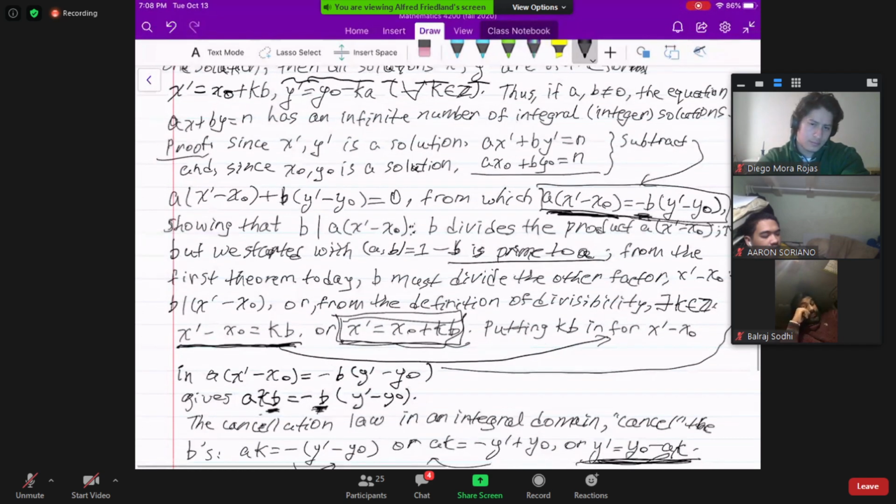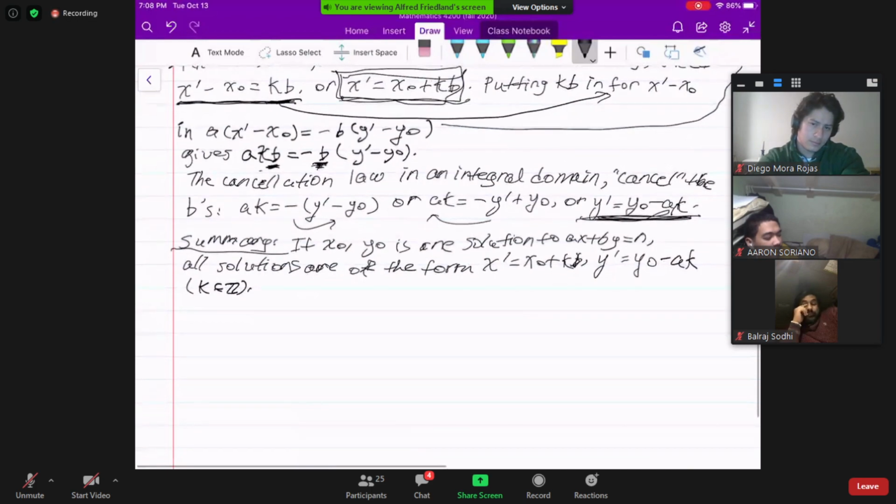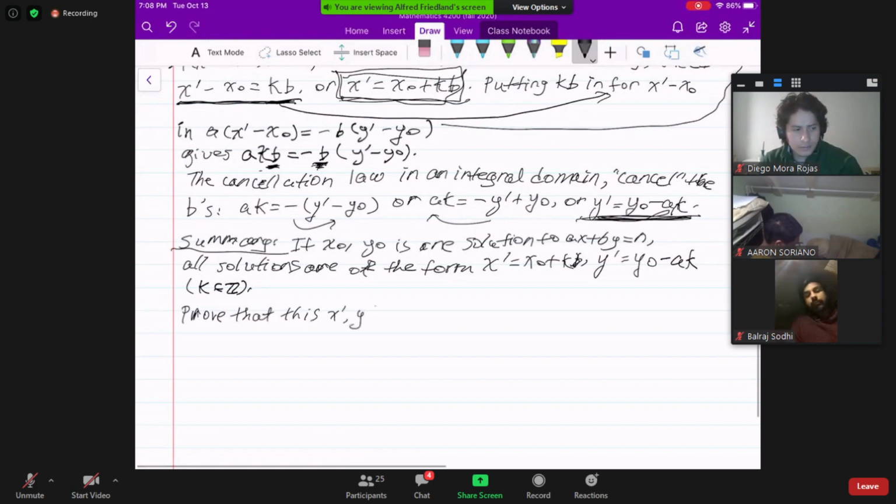Maybe there aren't any other solutions. So you have to prove that this x prime, y prime actually is a solution of ax plus by equals n.